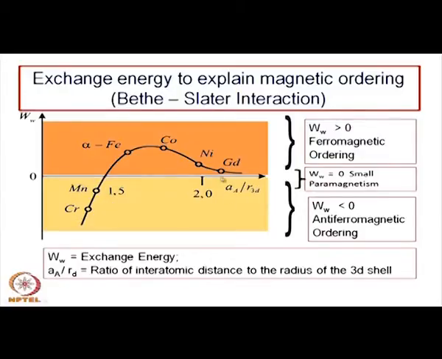If it is close to 0, then it is paramagnetism, there is a random ordering, and if it is more positive, then you have a ferromagnetic ordering or parallel alignment. This is antiparallel alignment, this is random, and then this is parallel. We will see this a little more clearly later on.